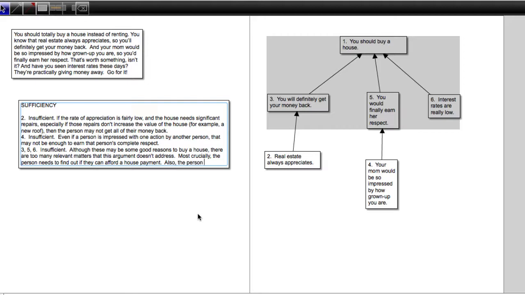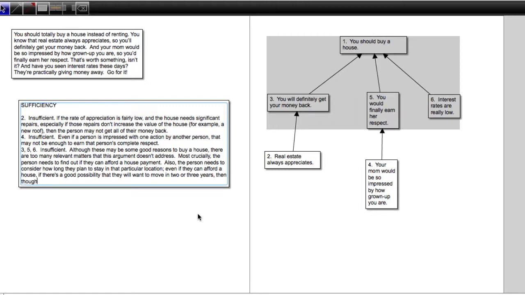Also, the person needs to consider how long they plan to stay in that particular location. Even if they can afford a house, if there's a good possibility that they will want to move in 2 or 3 years, then purchasing a house may not be a good option.